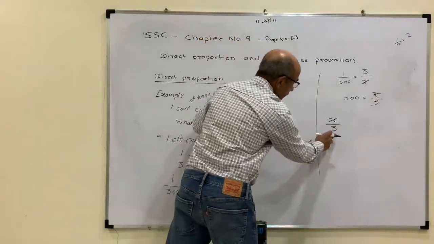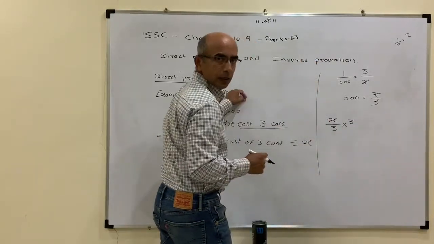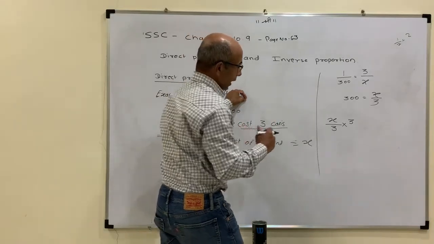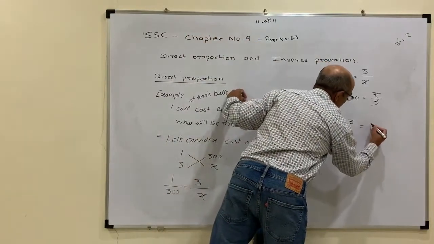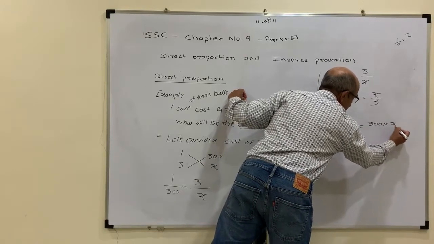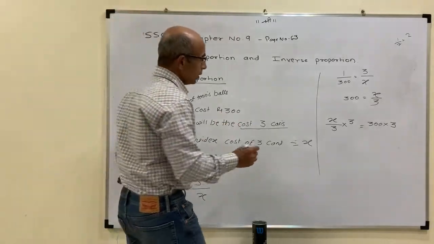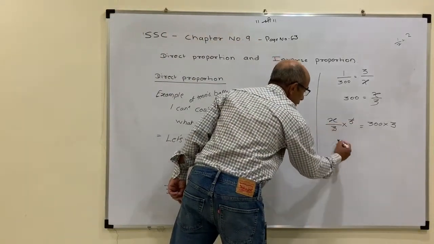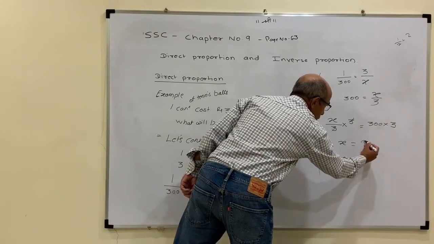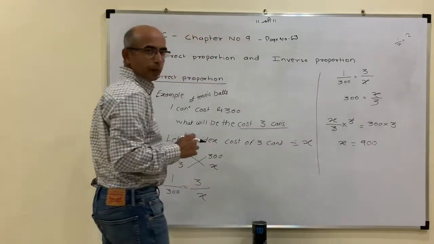Now to get rid of this 3, I will multiply by 3. Since I am multiplying by 3 on the left hand side, I have to do the same operation on the right hand side. So I multiply by 3 on the right hand side as well. So 3 gone, X equals 300 into 3, that is equal to 900.